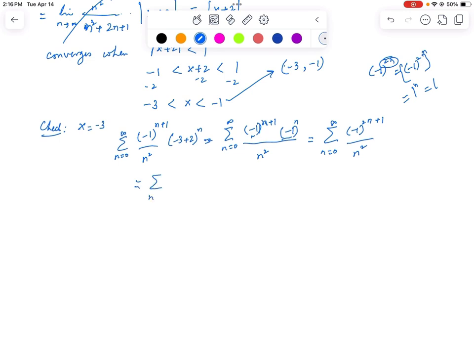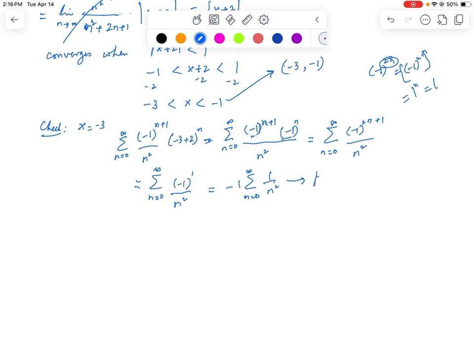So our series reduces to summation n is equal to 0 to infinity negative 1 to the power 1 over n squared, which you can think of as negative 1. We can pull it outside, and then we have summation n is equal to 0 to infinity 1 over n squared. Okay, now we have to talk about the convergence or divergence of this series. So what will you say? Well, what is this?